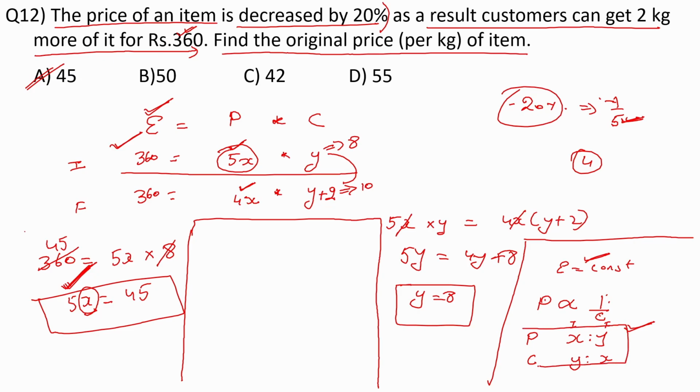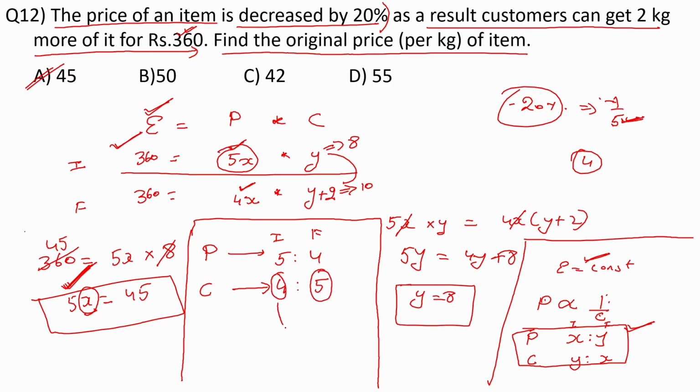So in this question, expenditure is constant. So the ratio of price, initial to final, is 5 is to 4. And the ratio of consumption would be the reverse of this. So the ratio of consumption would be 4 is to 5. Here it is given that as a result, the customer can get 2 kg more of it. Initially, he was consuming 4 units and finally he was consuming 5 units.